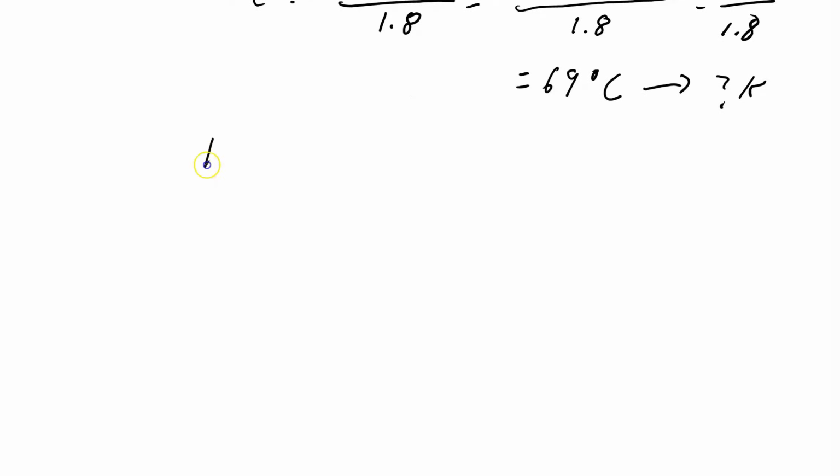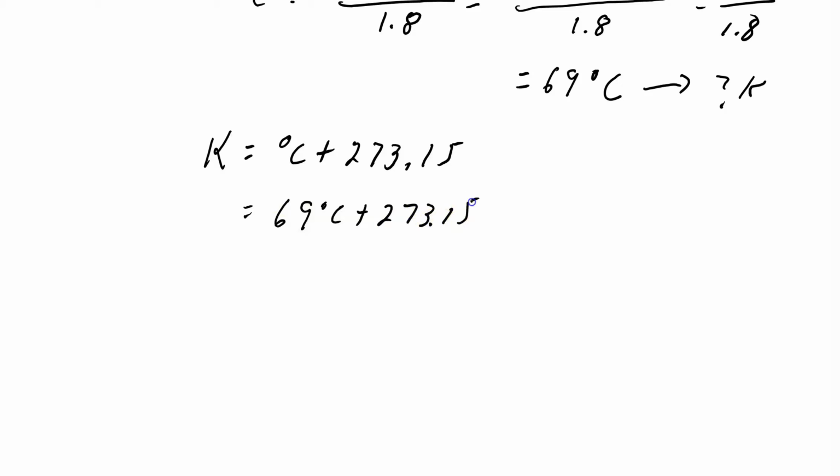Our kelvins simply going to be equal to degrees Celsius plus 273.15. Here we have 69 degrees Celsius plus 273.15. Again, our answer is going to have no decimal places because I've got 2 significant figures here with no decimal places. So when I add these 2 values up together, I'm going to end up with 342 kelvins as my final temperature.